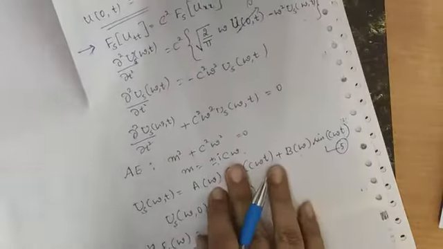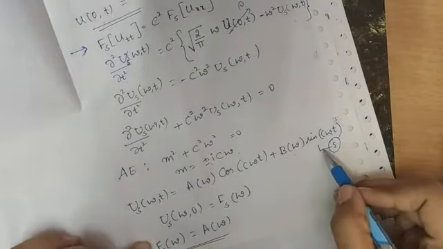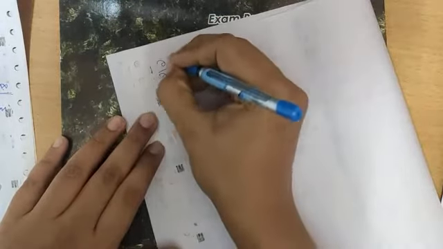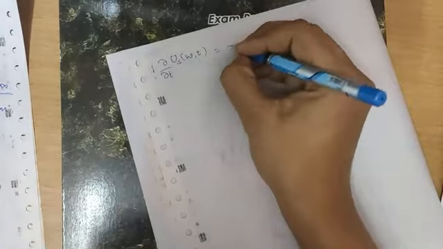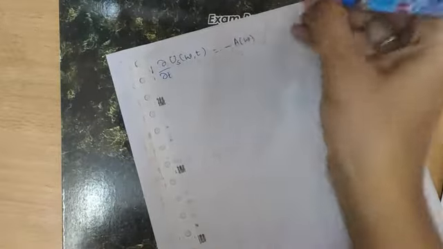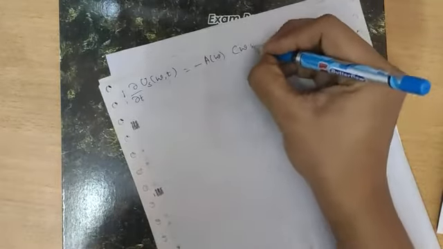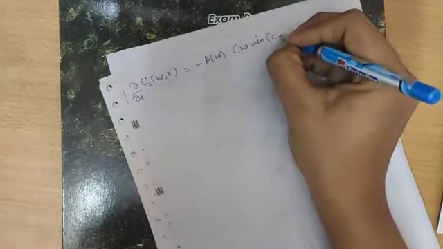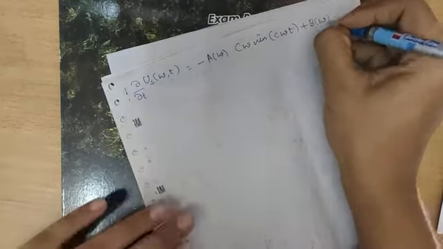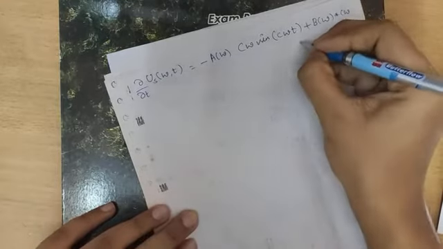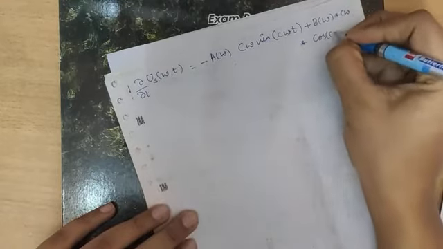Before that, let's differentiate equation number 5 with respect to t. You will get ∂/∂t of Us(ω, t) is equal to minus A(ω) cω sin(cωt) plus B(ω) cω cos(cωt).